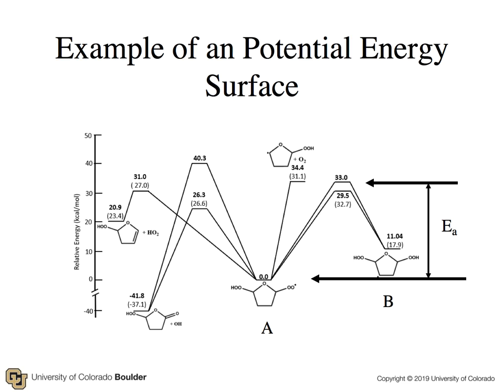And so in this particular example of A going to B, the activation energy is the difference in energy of the A molecule and the energy of the highest energy configuration that the molecule goes through in converting to the B molecule. That's the activation energy.